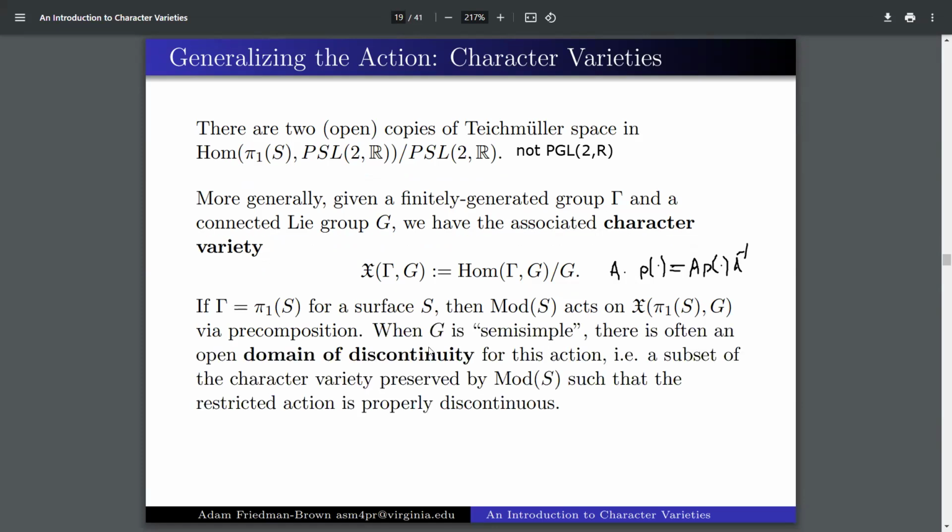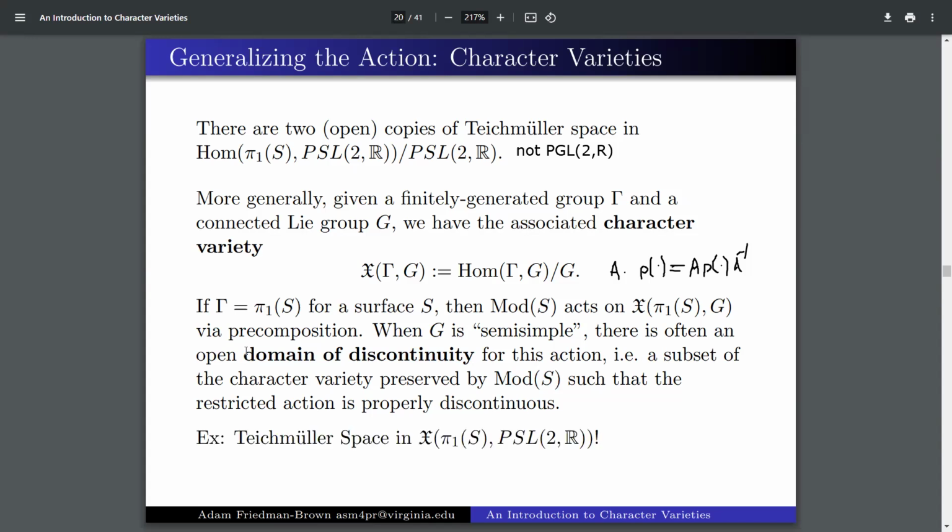When G is a semi-simple Lie group, and I'm not going to define that here, but that's a certain nice type of Lie group, there's often to be found a domain of discontinuity for this action, which means some subset of the character variety that is preserved by the action of the mapping class group, and the action restricted to the domain of discontinuity has to be properly discontinuous. And we often like to find open domains of discontinuity for the sake of being able to quotient nicely.